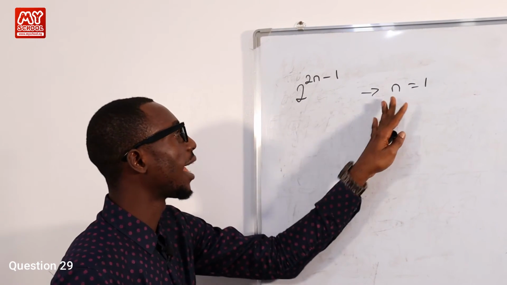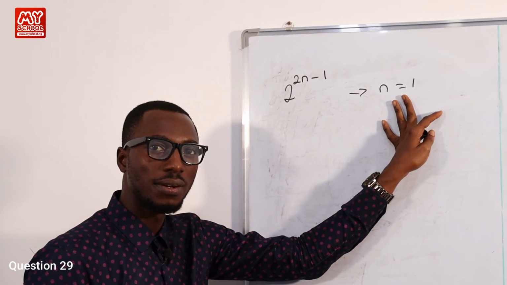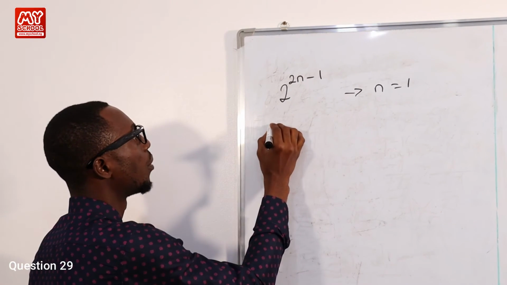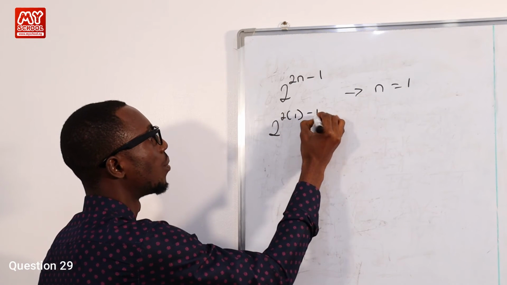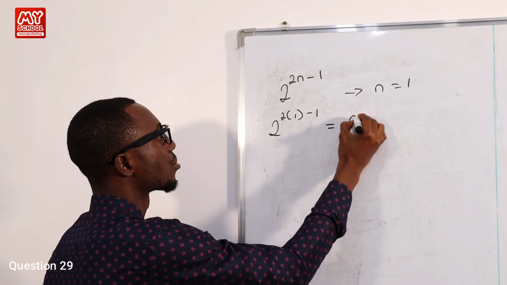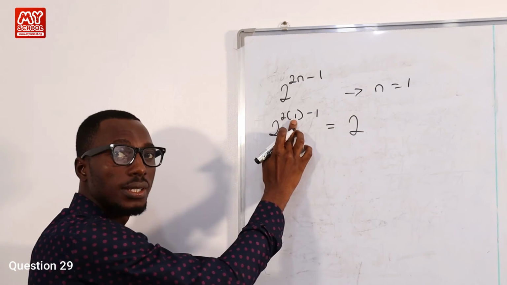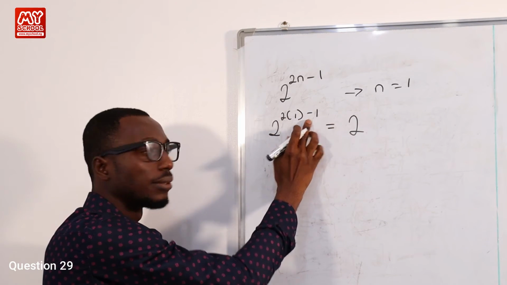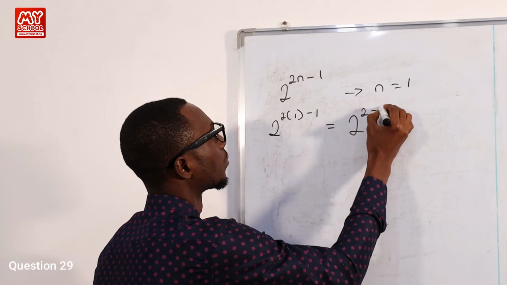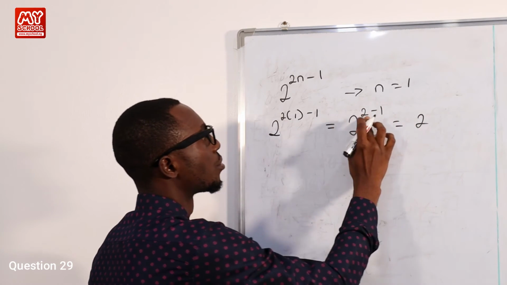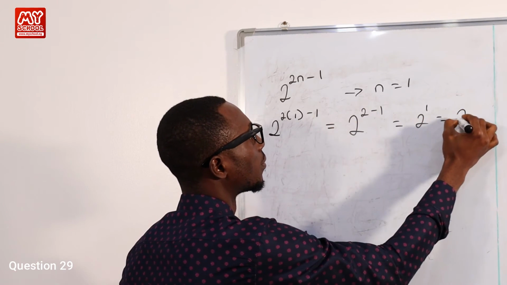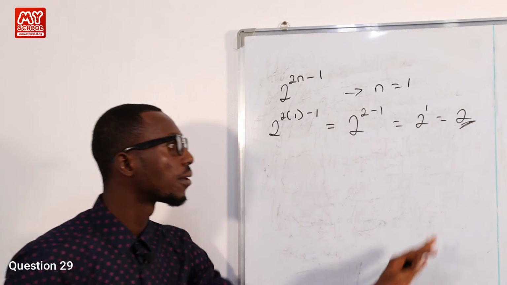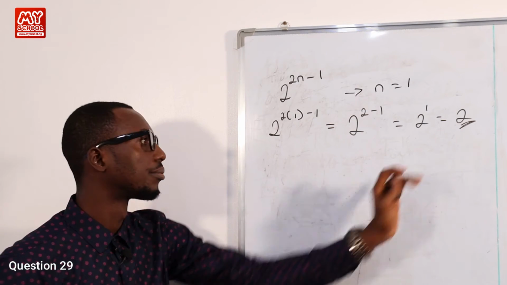So anywhere we see n, we replace it with 1 for the first term. So the first term will be 2 raised to power 2 into bracket 1 minus 1. That equals 2 raised to power 2 times 1, 2 minus 1. 2 minus 1, that is 1. So our first term is 2.